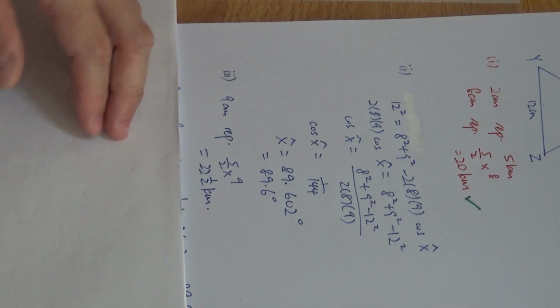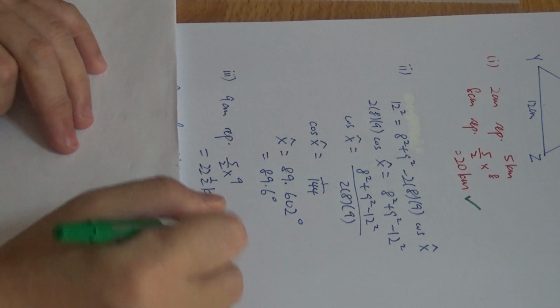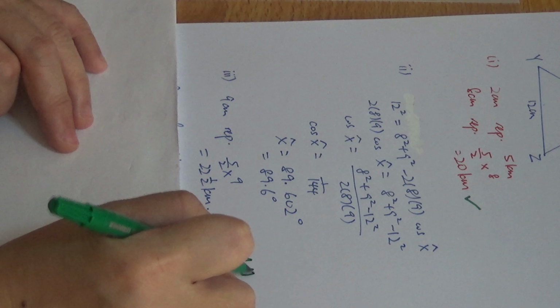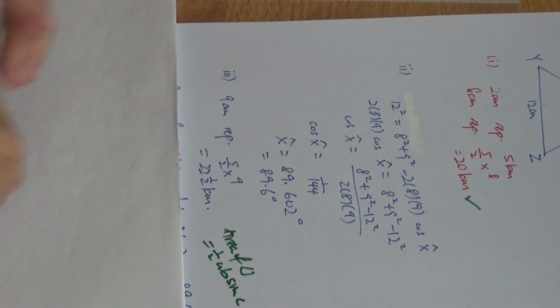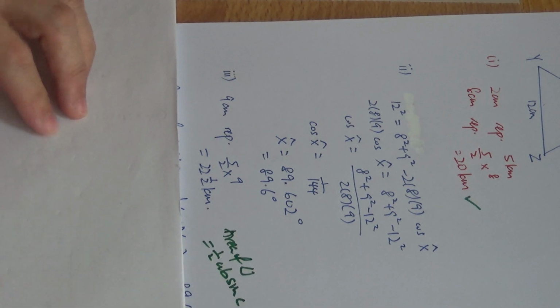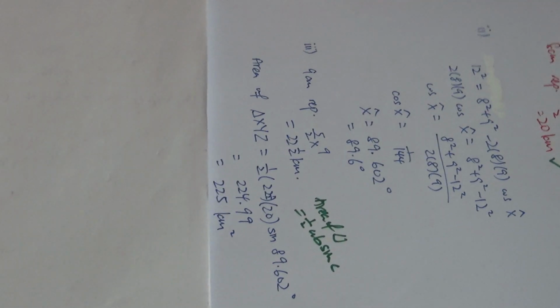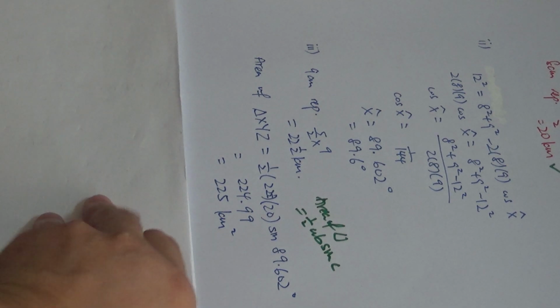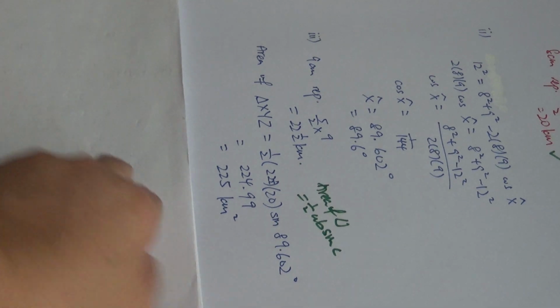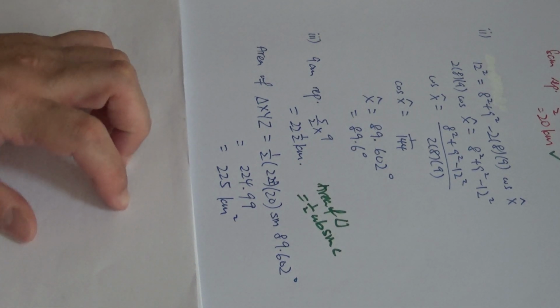So I apply our area of triangle, half AB sine C, two sides and an included angle, and I will get the answer as 225 kilometers square.